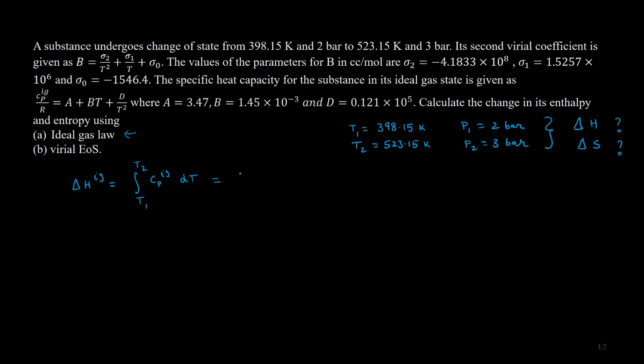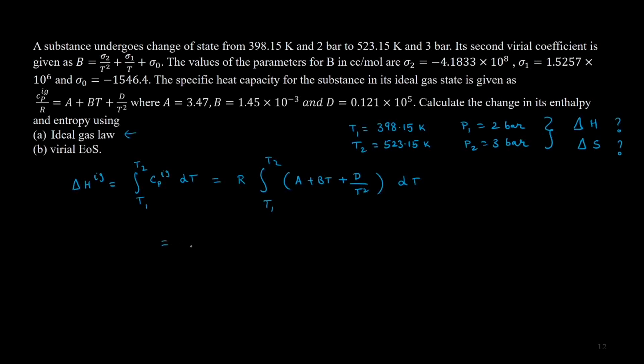And that value is easy to obtain. Cp ig over R is given to us. So it's going to be R times the integral from T1 to T2 of A plus BT plus D over T squared dT.